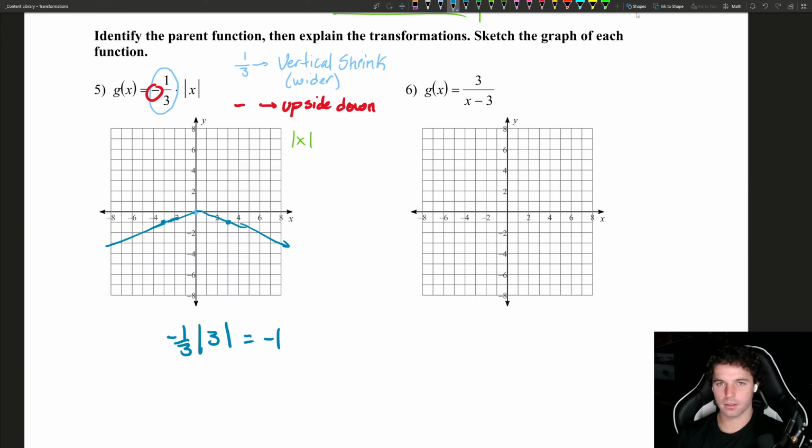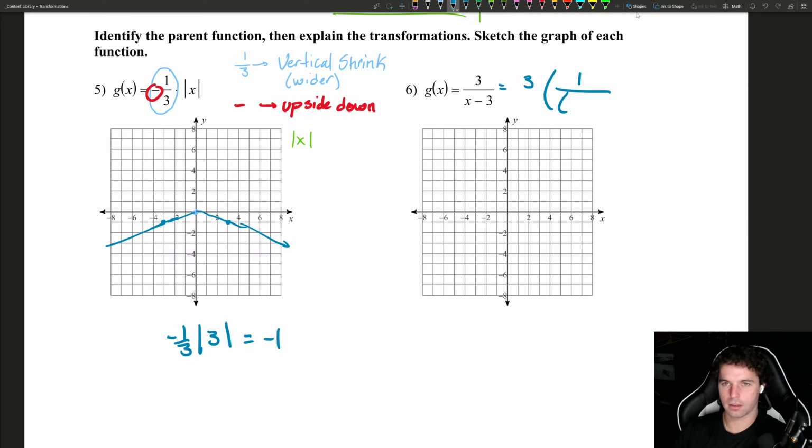All right, number 6. Number 6 is a little bit different. I'm going to rewrite this so it makes more sense. So this is really 3 times 1 divided by x minus 3. That can help you identify what's actually happening. So this 3 on the outside is a vertical stretch, right?